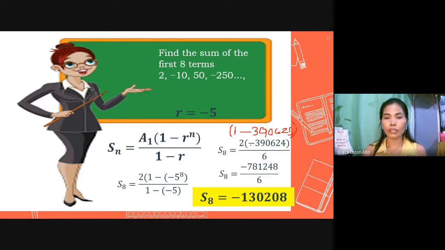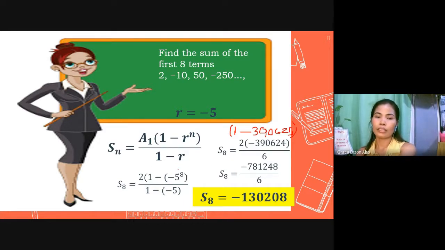So multiplying these two numbers, we get negative 781,248 divided by 6. The answer is negative 130,208.